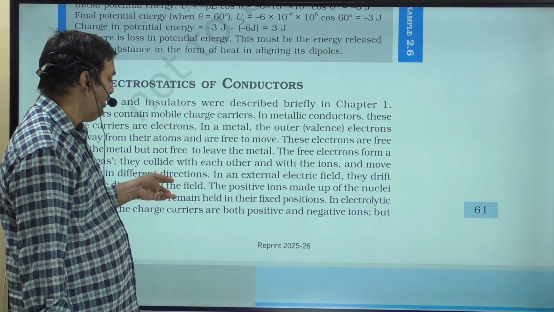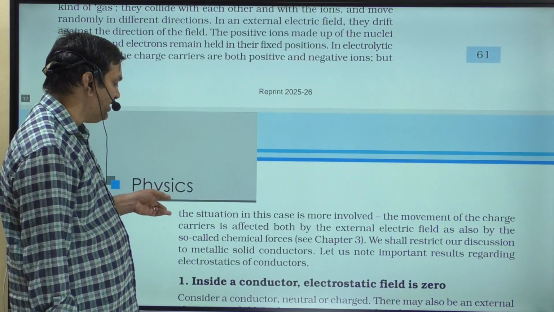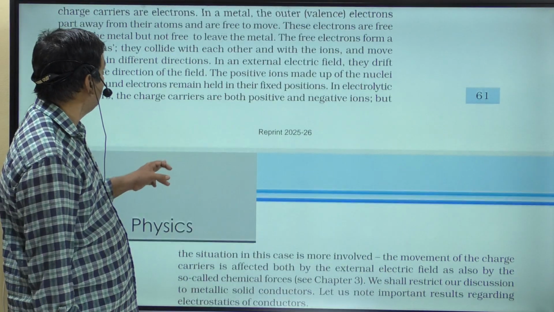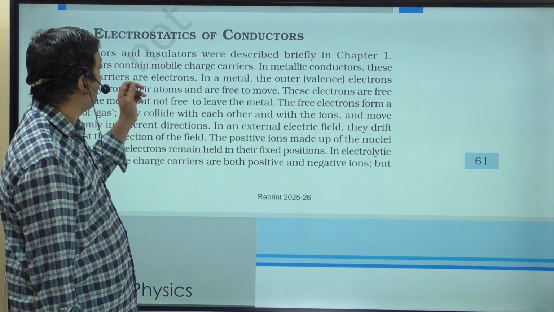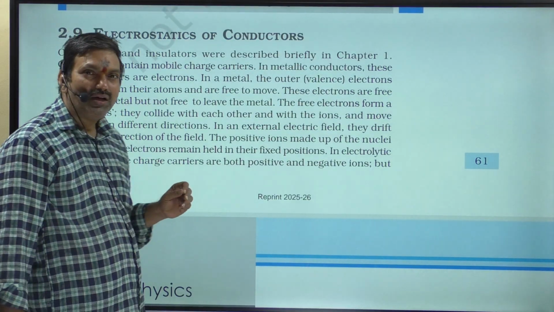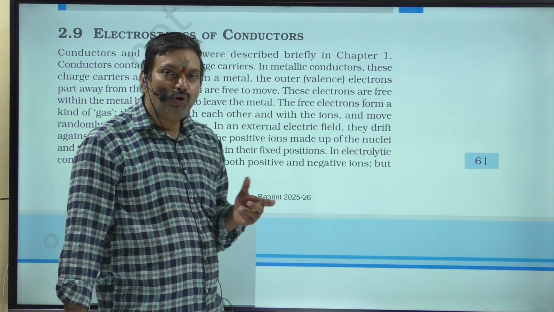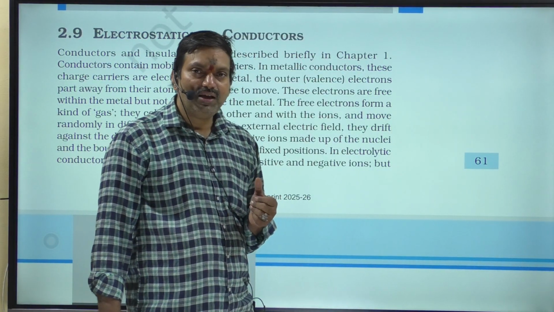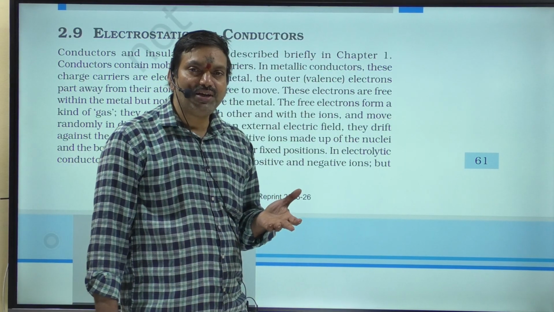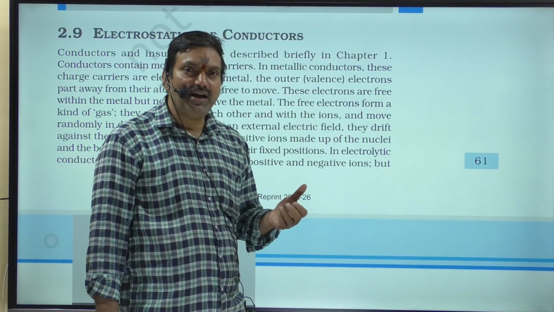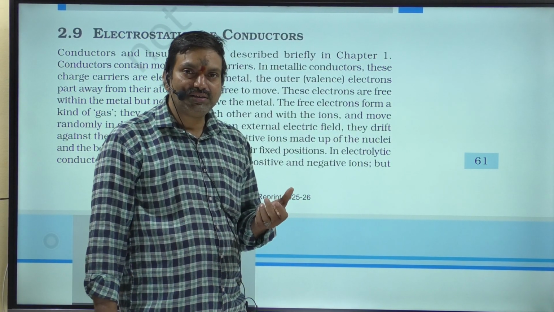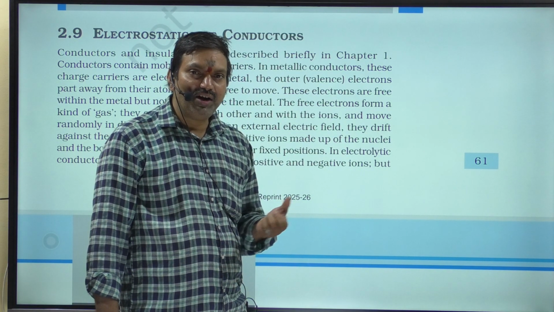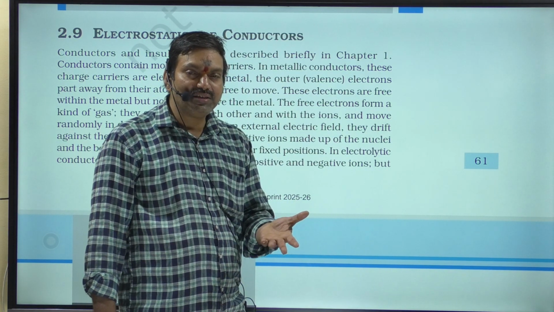Now let us understand. In order to go for capacitance, we need to understand some of the basics. The basics are the electrostatics of conductors. Before going for capacitance or capacitor, as you know, a capacitor is one of the passive devices like the inductor and the resistor: resistance, capacitance and inductance.